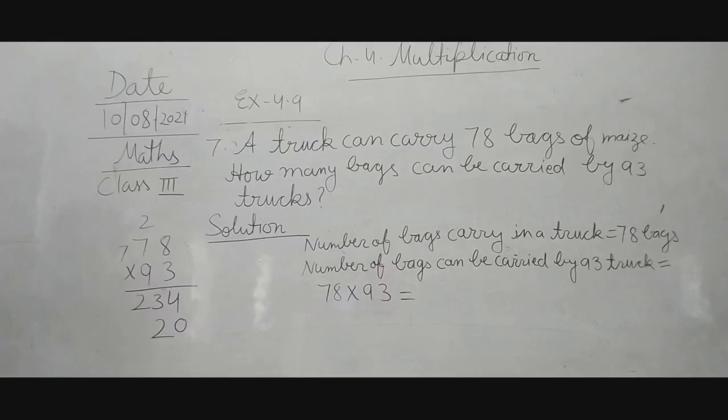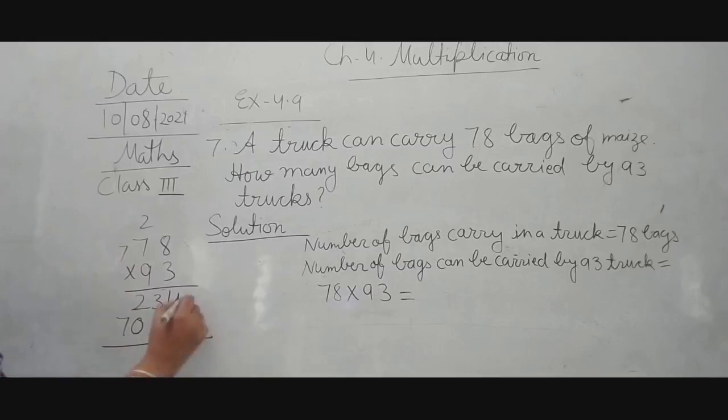9 7s are, whatever comes, we have to add 7 to it. So let's tell the table of 9 7 times first. 9 1s are 9, 9 2s are 18, 9 3s are 27, 9 4s are 36, 9 5s are 45, 9 6s are 54 and 9 7s are 63. 63 plus 7. 64, 65, 66, 67, 68, 69 and this is 70.